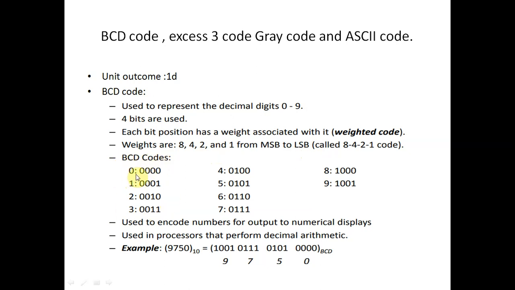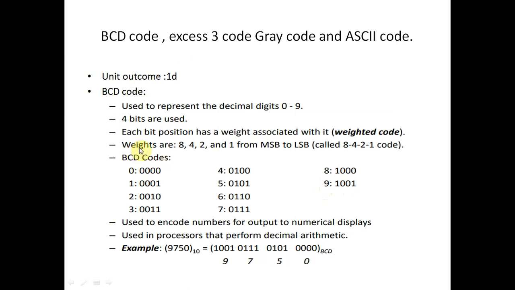0 is represented in BCD code as 0000. 1 is represented as 0001. 2 is represented as 0010. 3 is represented as 0011. 4 is 0100, 5 is 0101, 6 is 0110, 7 is represented as 0111, 8 is represented as 1000, 9 is represented as 1001.